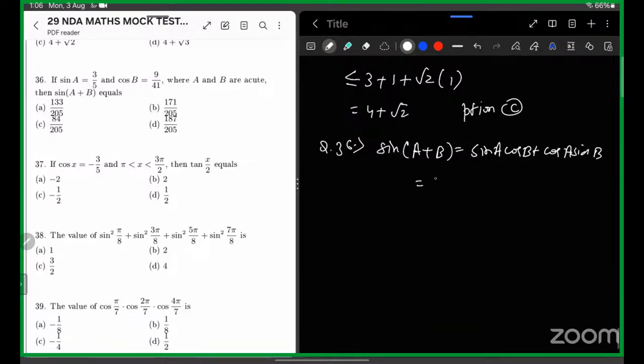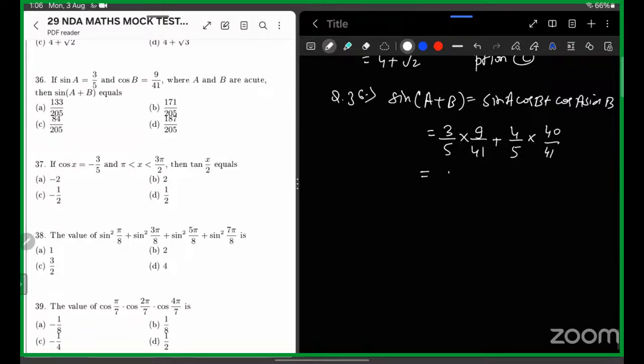So sin A is equal to 3 by 5, cos B is equal to 9 by 41, cos A will be equal to 4 by 5, and sin B will be equal to 40 by 41. Yes, this value will be there.